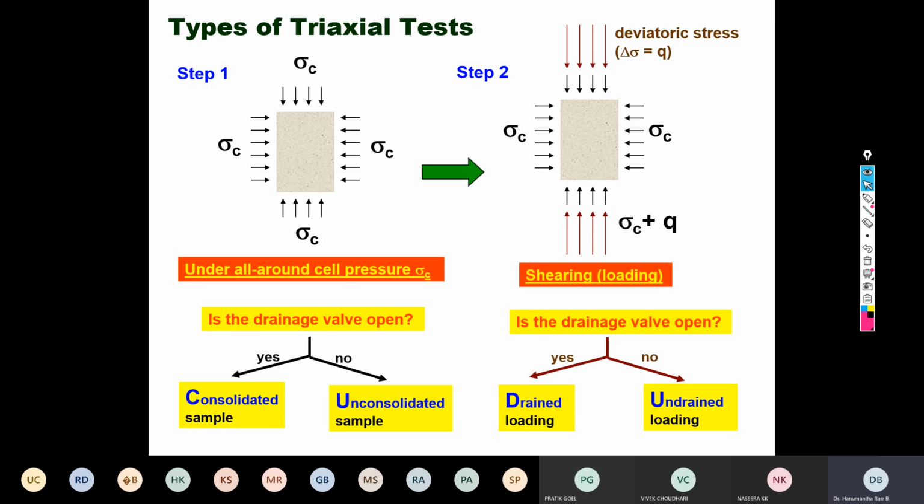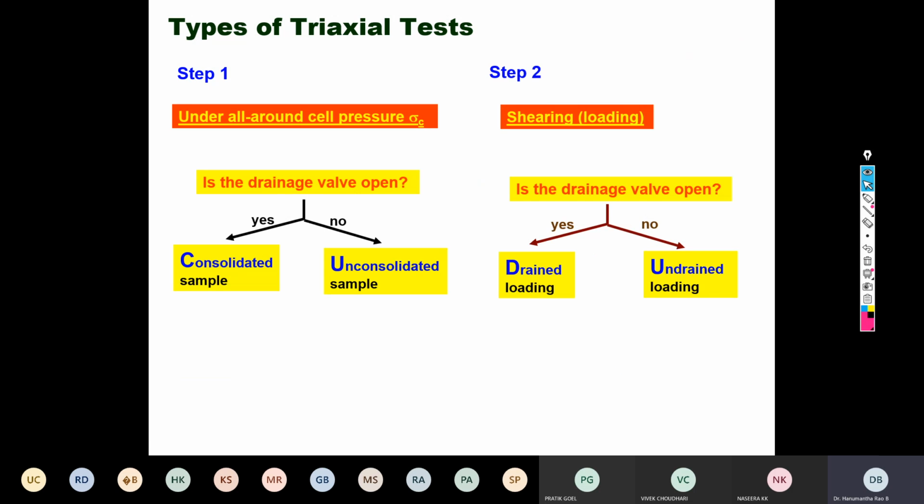Step number 2, after the consolidation is over, you apply the deviatoric stress, which causes the shearing in the soil sample. During the shearing, again we can allow the water to be expelled or we can retain the water inside it. Depending upon that condition, it will be called a drained condition or undrained condition.